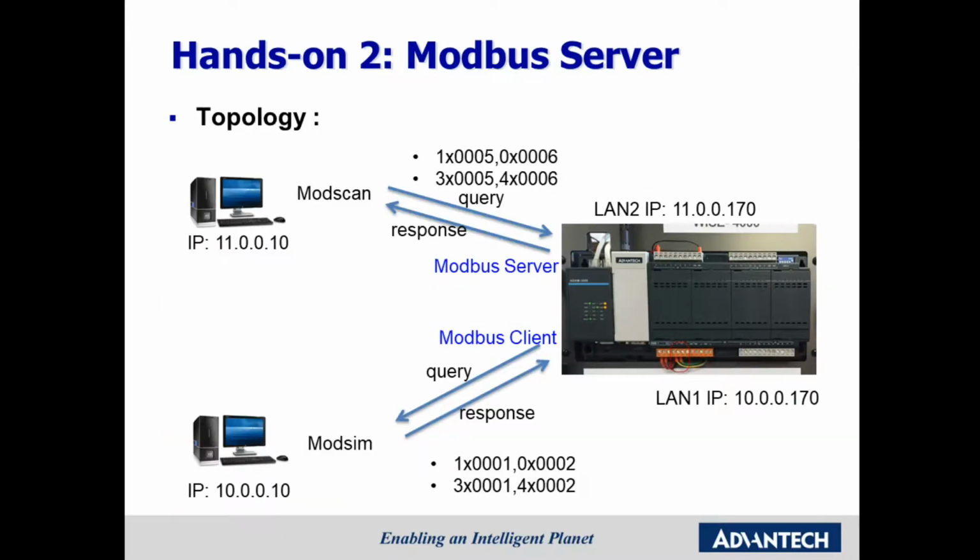The hands-on for the Modbus server, which is our step 2. In this topology, user will need to change the protocol to upload. So you need to set up the ADEN3600 as a Modbus server.